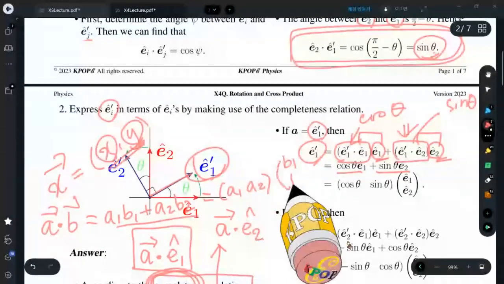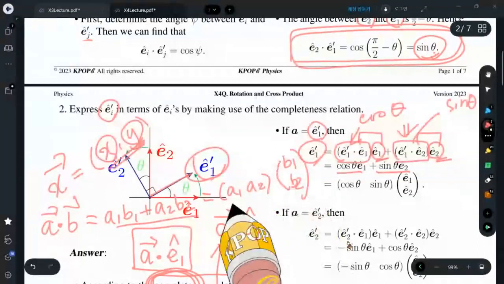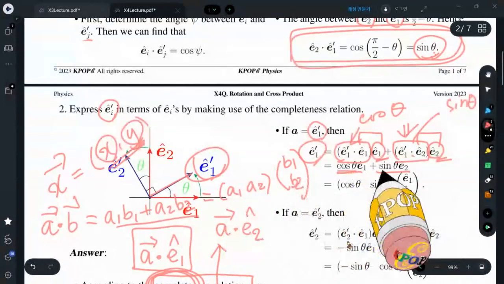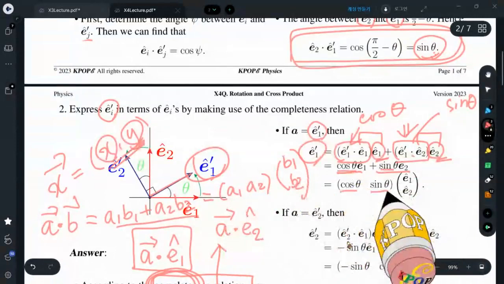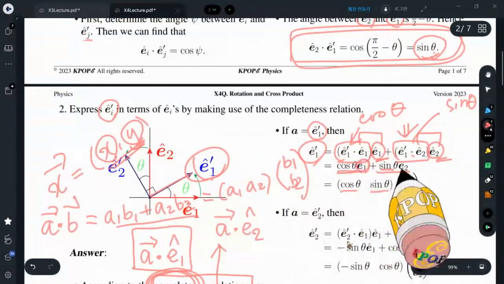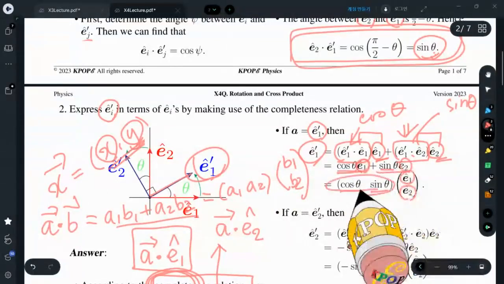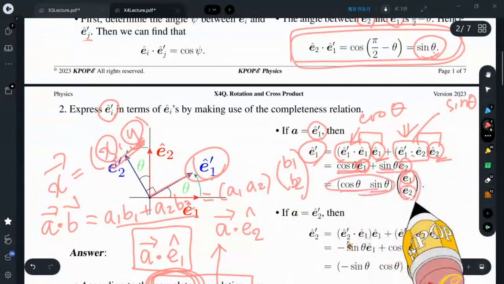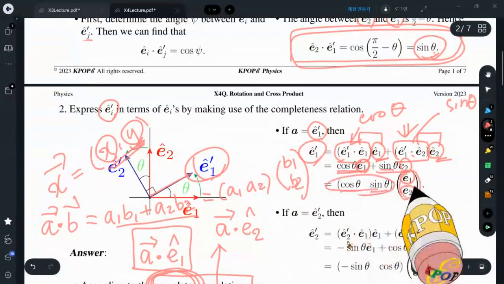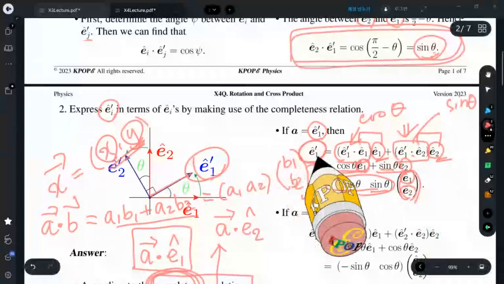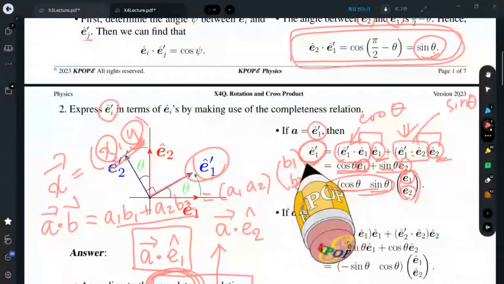Why don't we rewrite this in matrix form. Then cosine, sine, I copy the coefficients, and this one, why don't you stand up, E1, E2. This matrix multiplication form for the scalar product can appear in the expansion of E1 prime in terms of E1 and E2.